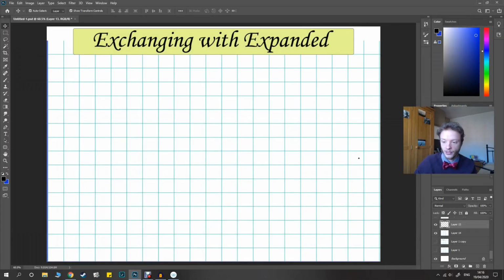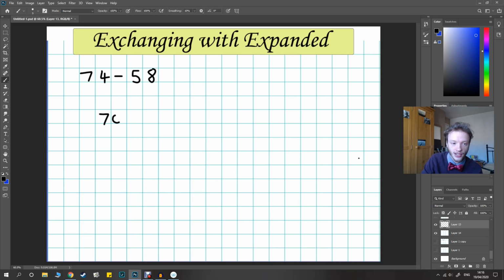Let's look at another example together. Let me just get my pen ready. This time I'll do another 2-digit number. We'll do 74 take away 58. Partition it out, so I've got 70 and 4, and 50 and 8, under my ones and my tens, respectively.